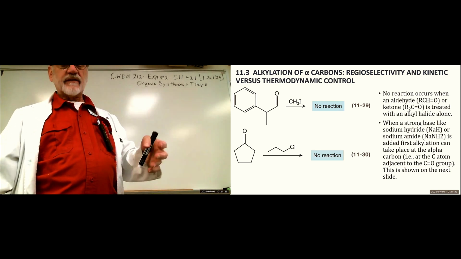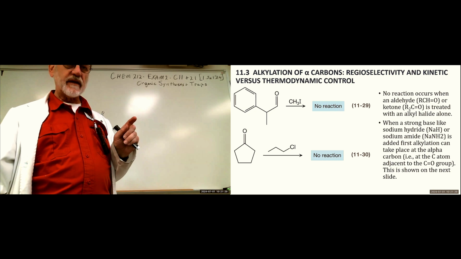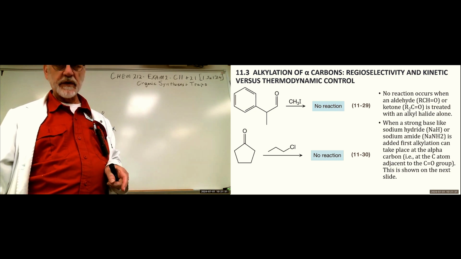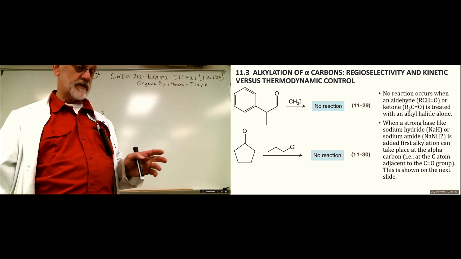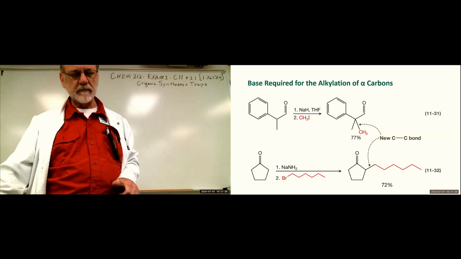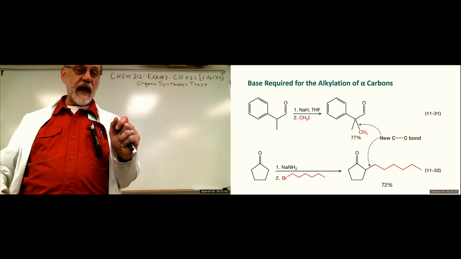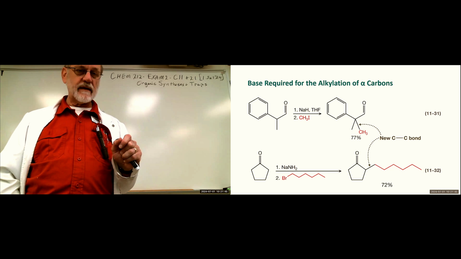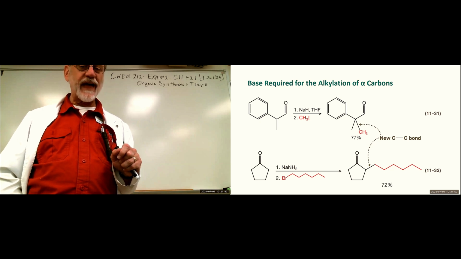So we have to activate the precursor with a strong base. It's going to deprotonate. For the first one, we end up with a new carbon-carbon bond at the alpha carbon.